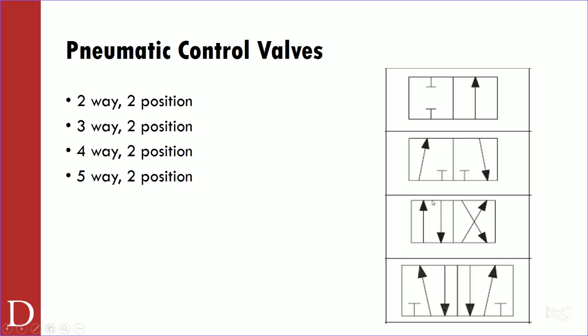In this particular case, I still have 2 blocks, block 1, block 2, and then I have 4 ports. I can route in here, here, here, and here. And then finally down on the bottom, it's still a 2 position, but now I have 5 ways. So you can see I've got 1, 2, 3, 4, essentially 5 ports. So really a 5-port 2 position is what you're looking at in that particular case.